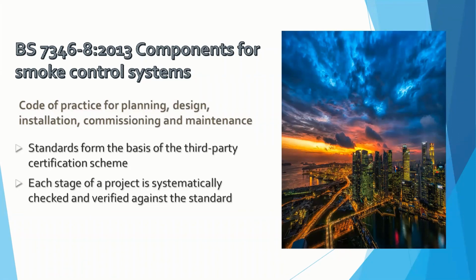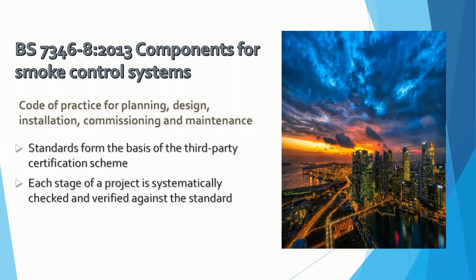As mentioned, all SCA members involved in smoke control design and installation are audited to BS 7346 Part 8 2013 Code of Practice. Under the scheme, random project audits are carried out, coupled to audits on in-house training of designers. This will include audits at the installations on site.